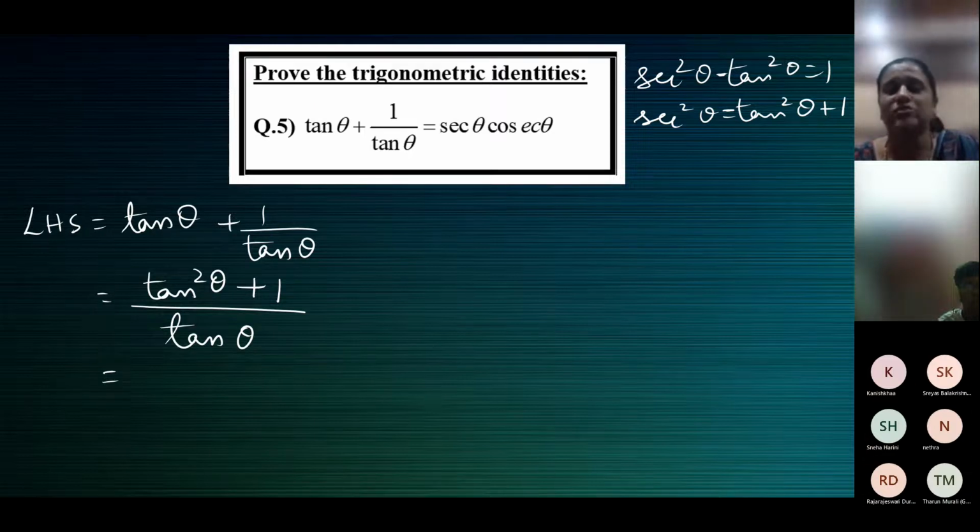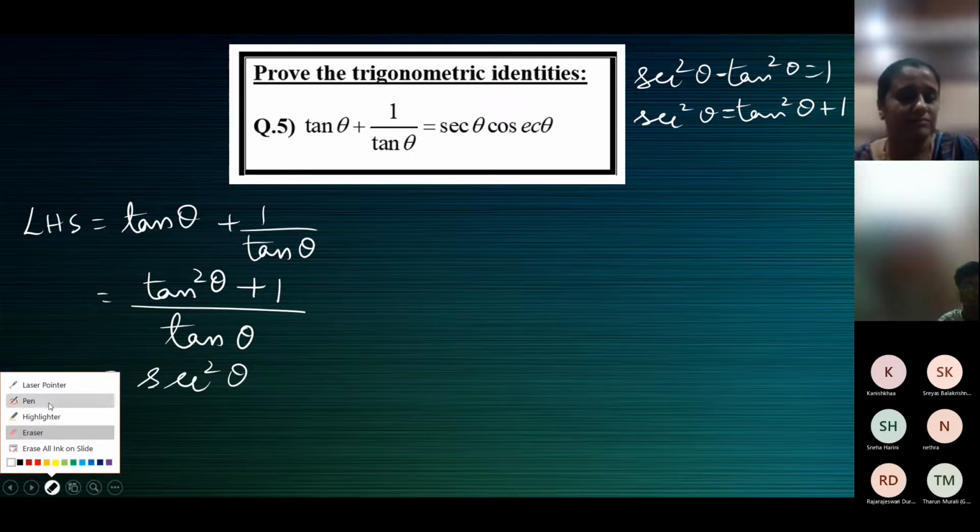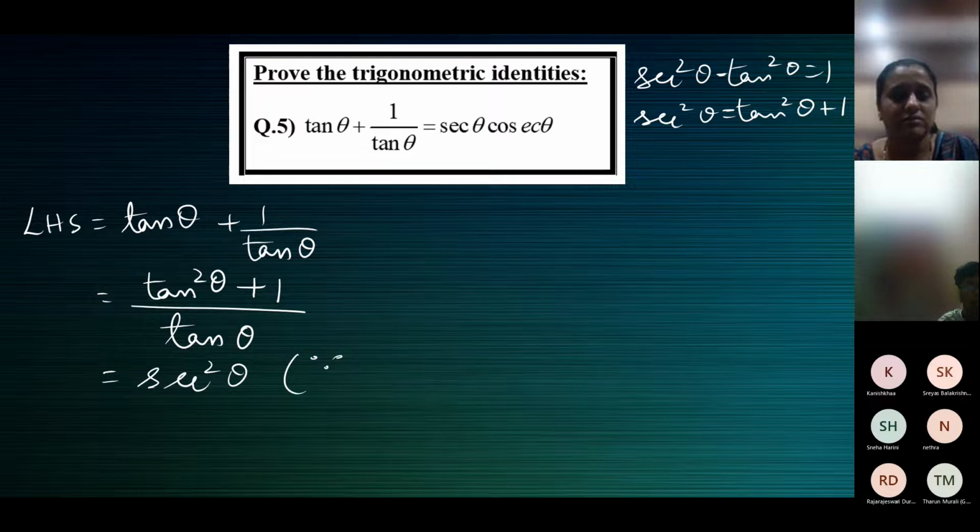On transposing tan square theta, you get secant square theta is equal to 1 plus tan square theta, or tan square theta plus 1. Both are the same. So you can write the numerator as secant square theta, because of that identity.